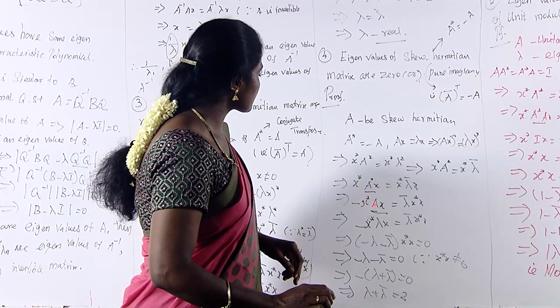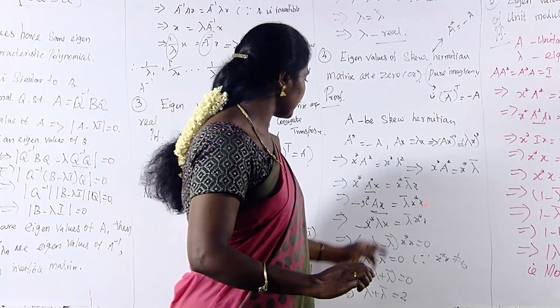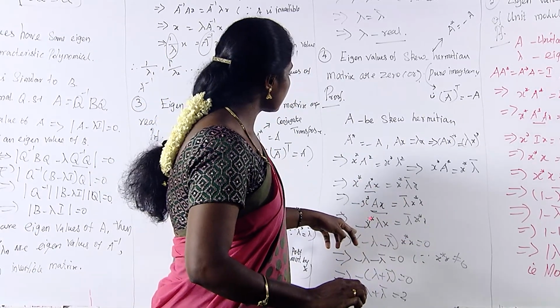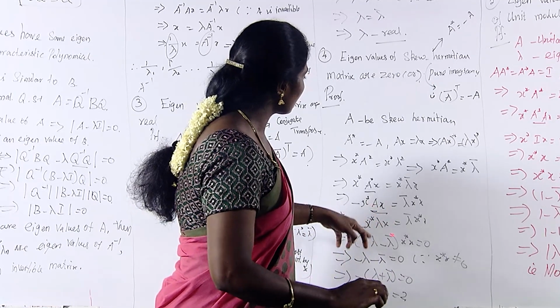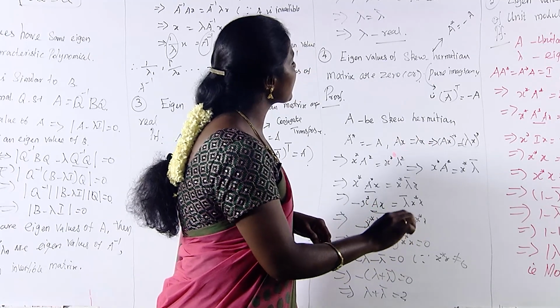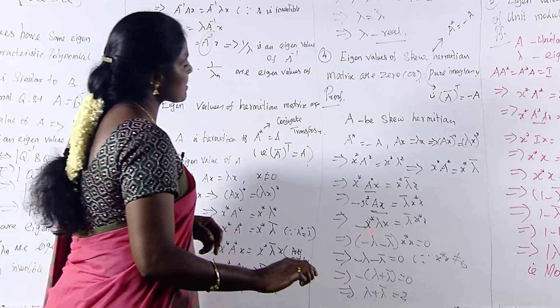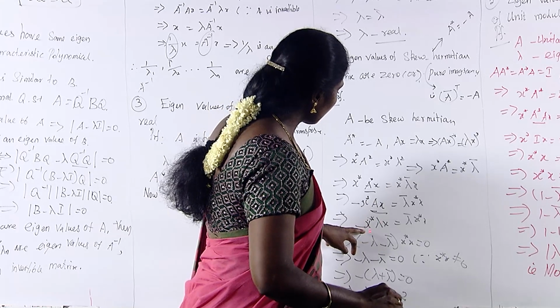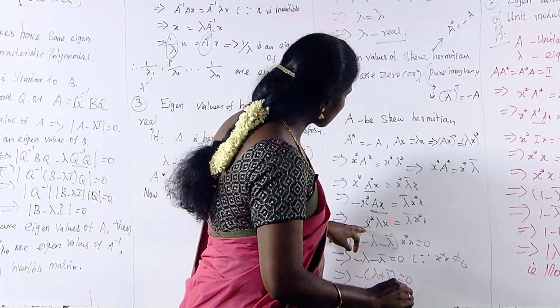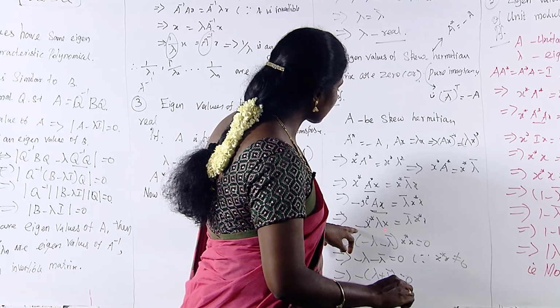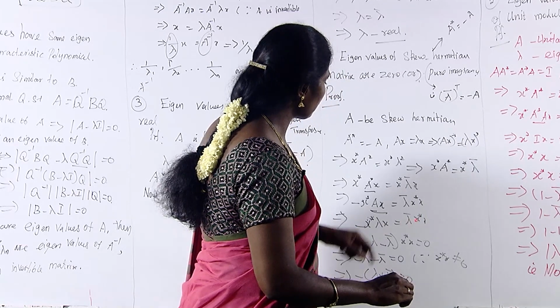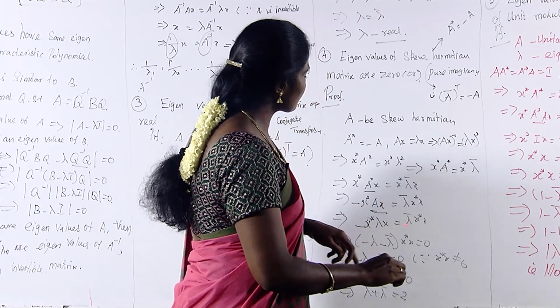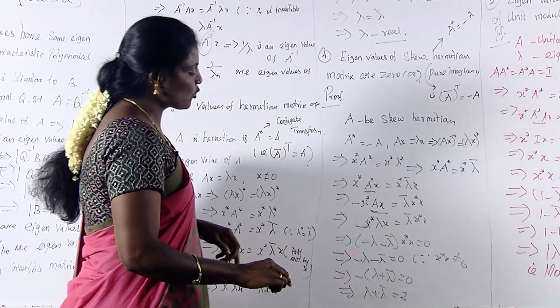So, minus x star Ax equal to lambda bar x star x. Here I can substitute again Ax equal to lambda x because lambda is an eigenvalue. So, minus x star lambda x equal to lambda bar x star x. Here we can write x star x into lambda, and here x star x into lambda bar. We can take this to this side, so it will come with a negative sign.